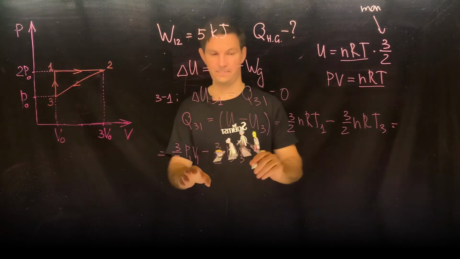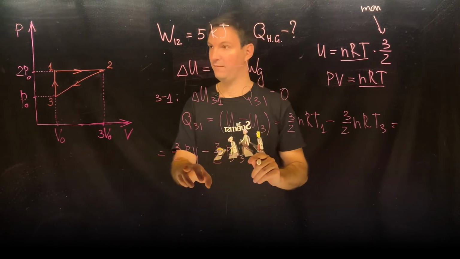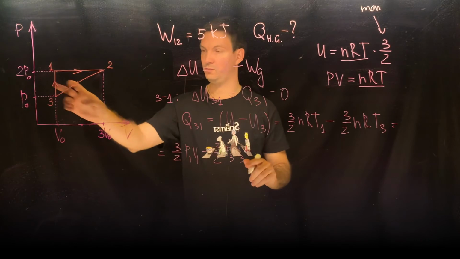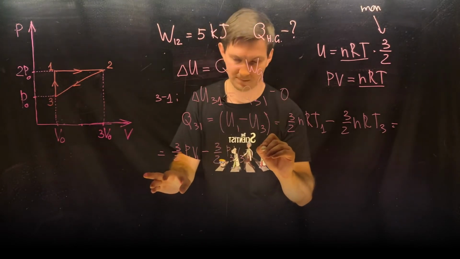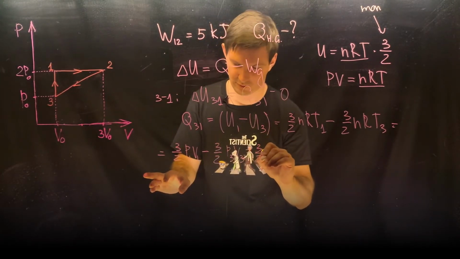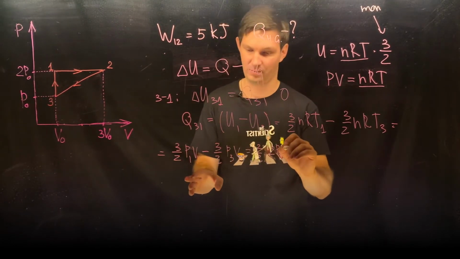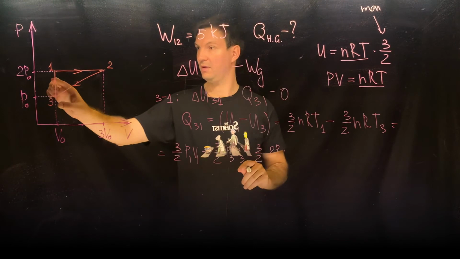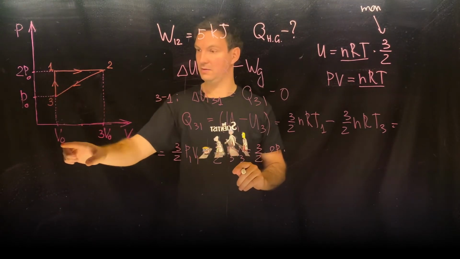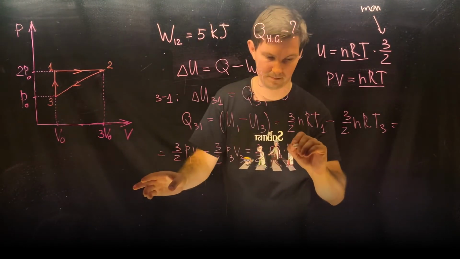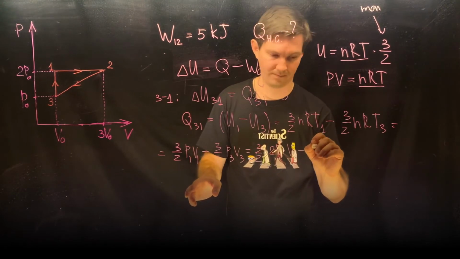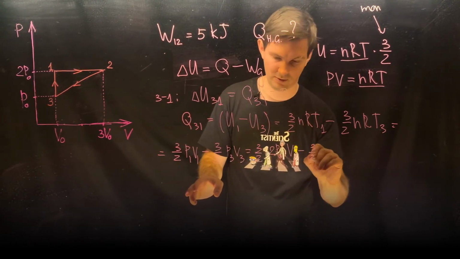Okay, pressure in the first state is 2P0. It means that 3/2 times 2P0 times volume in the first state is V0 minus 3V0.